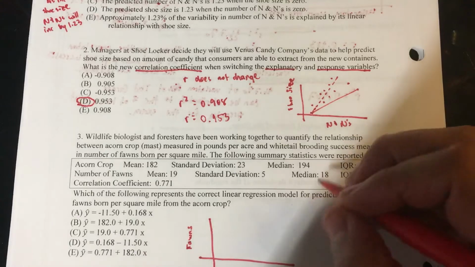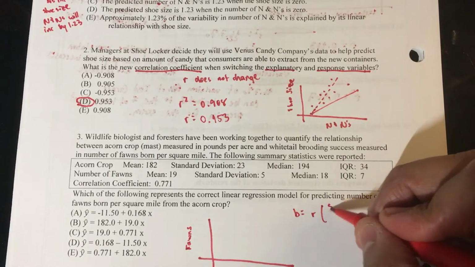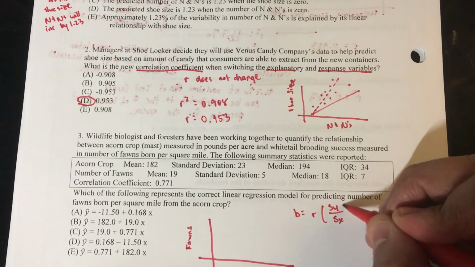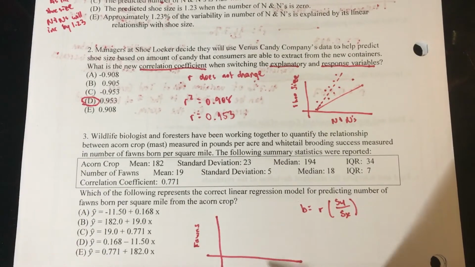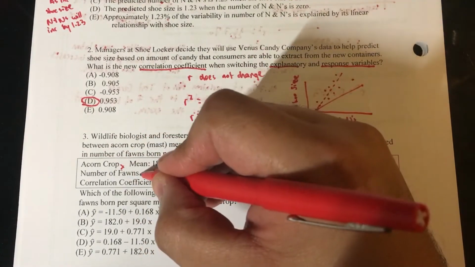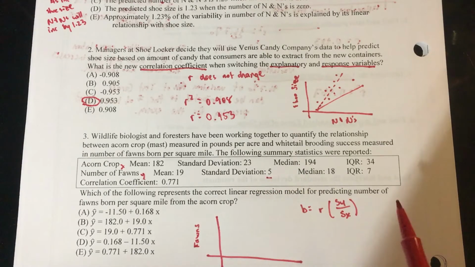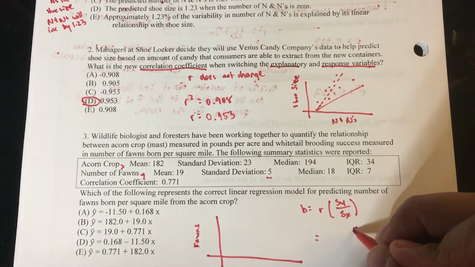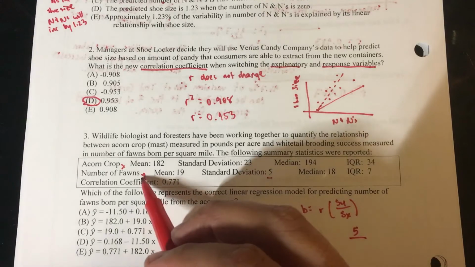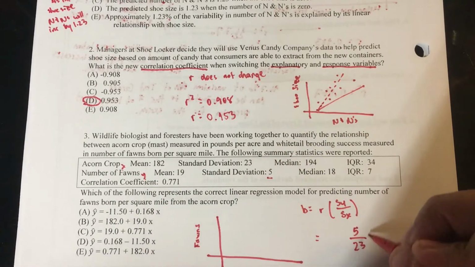Another equation that we have here is, for the b value, the slope is r times sy over sx. Since I know the acorns is the x, the fawns are the y, I can just grab from here. Standard deviation for sy is 5, and standard deviation for x is 23.